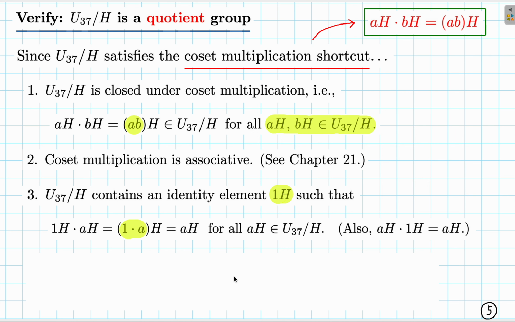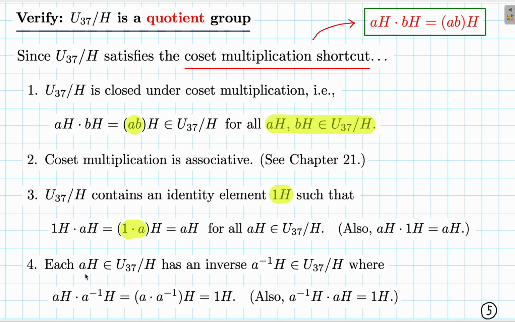And last but not least, inverses. So given a coset AH in U37 mod H, we consider the coset A inverse H. Now, how do we know that such a coset exists in U37 mod H? Well, because, again, the representative A is an element of U37. And U37 being a multiplicative group, A inverse must exist in U37, and therefore this coset does exist in U37 mod H. And then when we multiply AH times A inverse H, we once again just multiply the coset representatives.